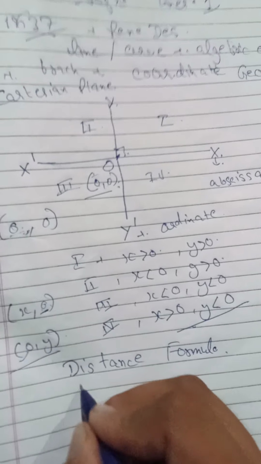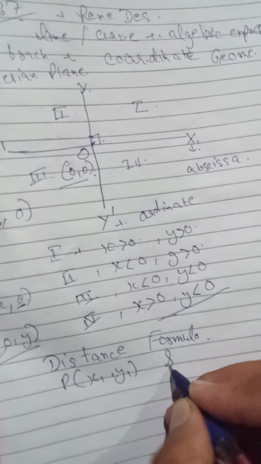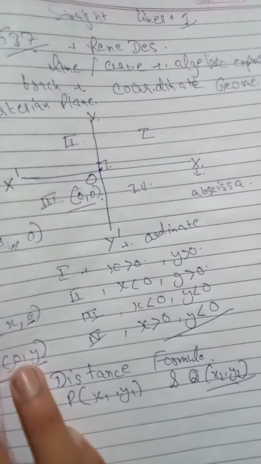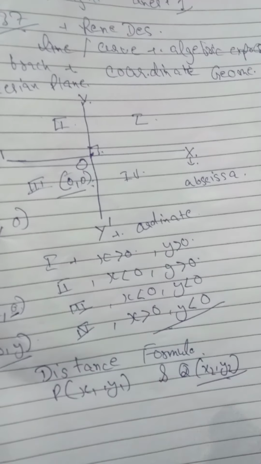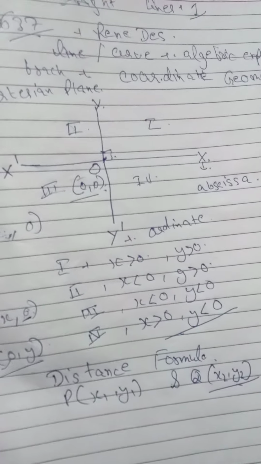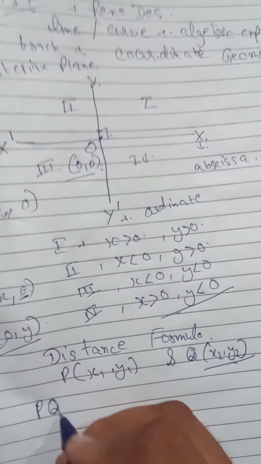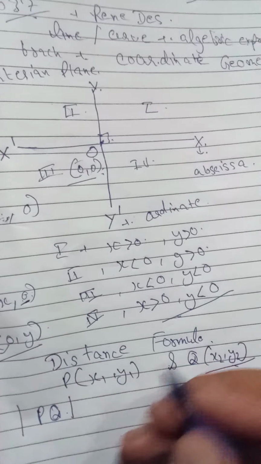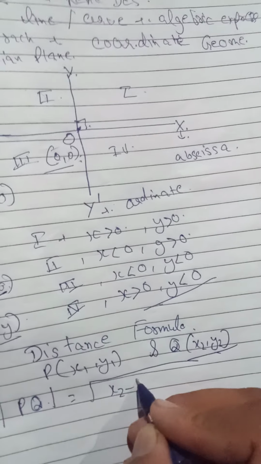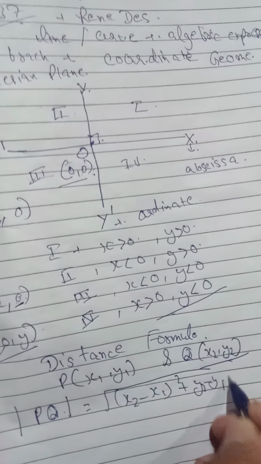In any Cartesian plane, if P(x1, y1) is a point and Q(x2, y2) is another point, where (x1, y1) and (x2, y2) are the coordinates of P and Q respectively, then the distance PQ between the points will be given by the square root of (x2 minus x1) squared plus (y2 minus y1) squared.